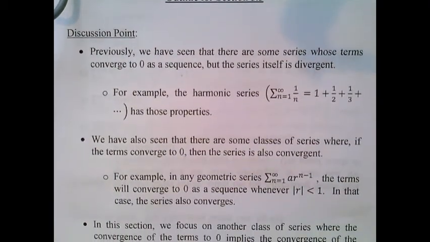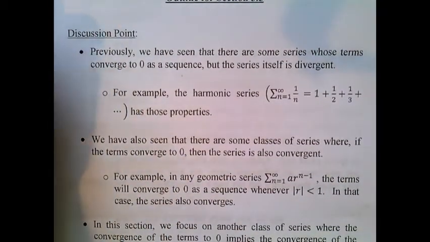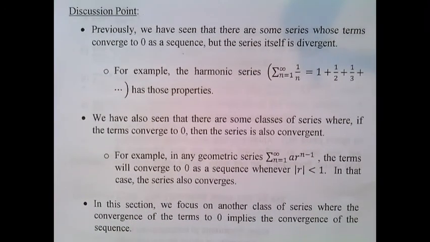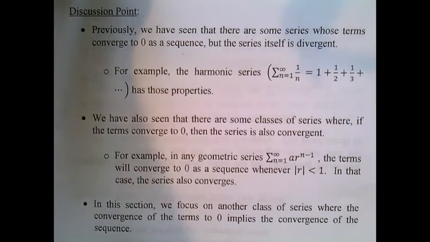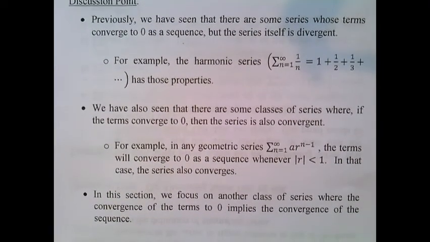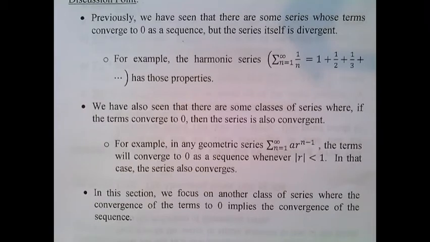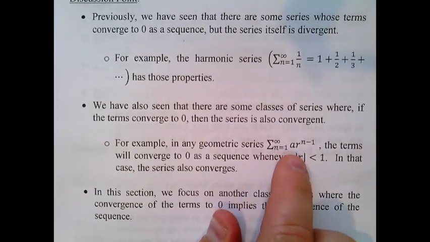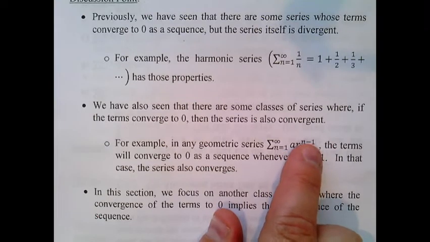But we've also seen that there are some classes of series where if the terms converge to zero, then the series is also convergent. Really, the only class we've discussed like that so far is the geometric series. Remember, a geometric series has the form where the nth term is a times r to the n minus 1, where a and r are just constants.